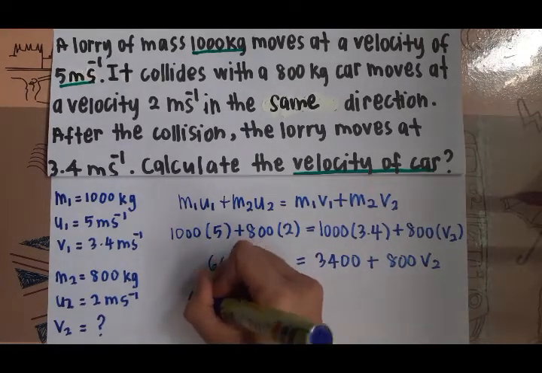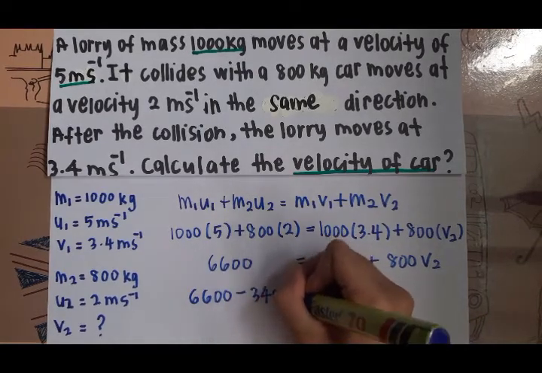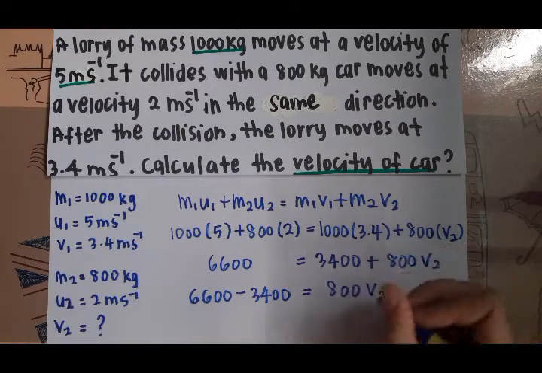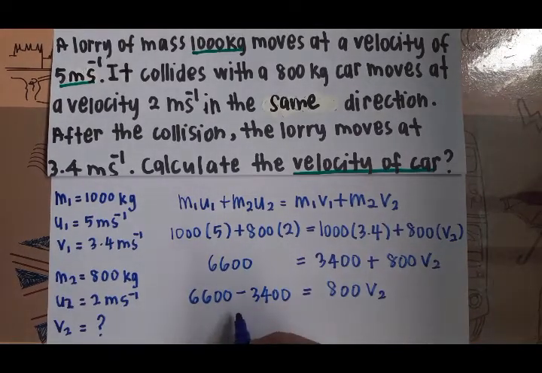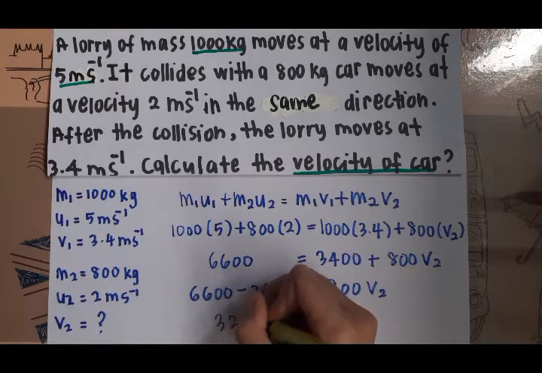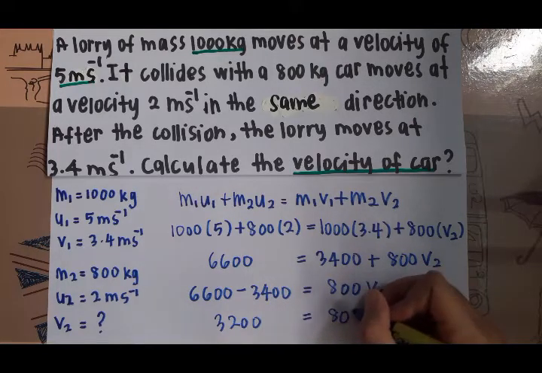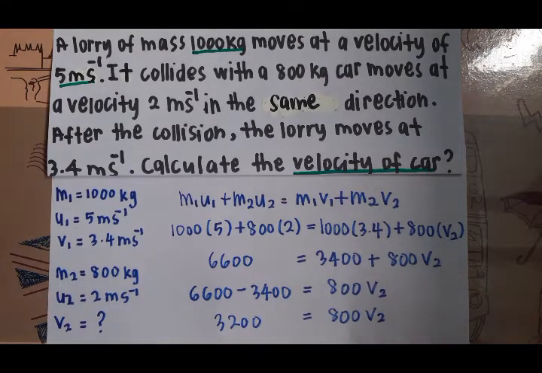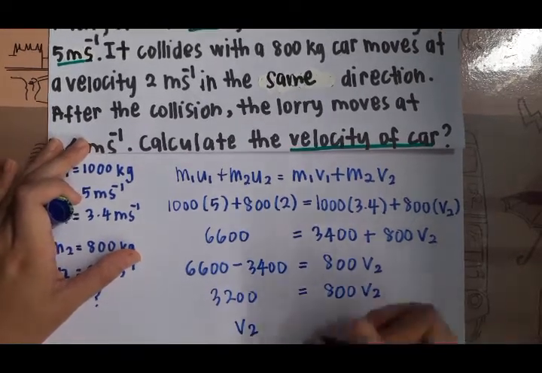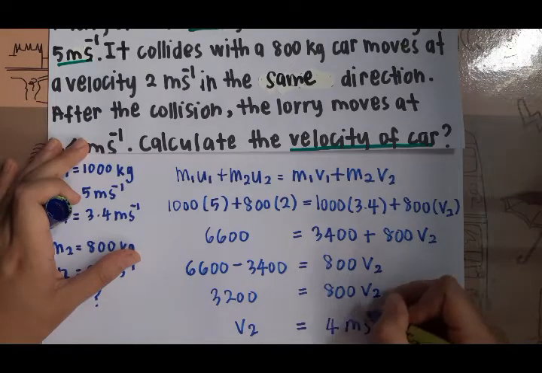So 6600 minus 3400, we have 3200, which is equal to 800 v2. So the final answer we have is v2 = 4 meter per second.